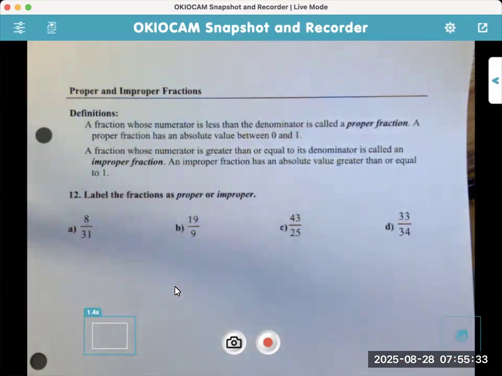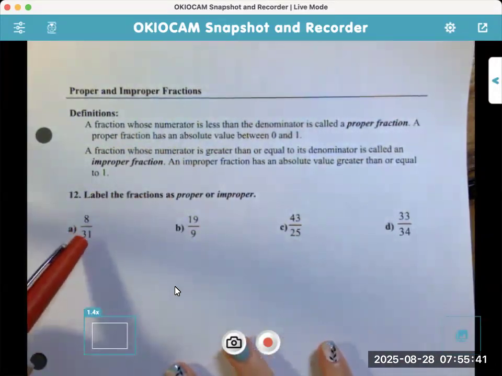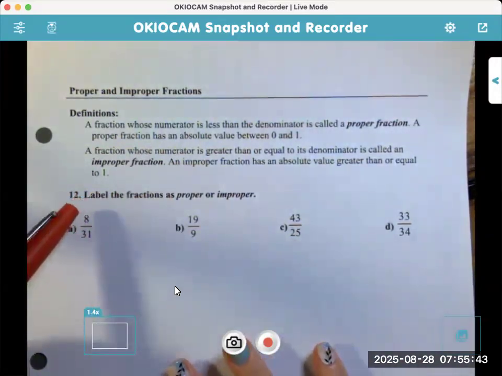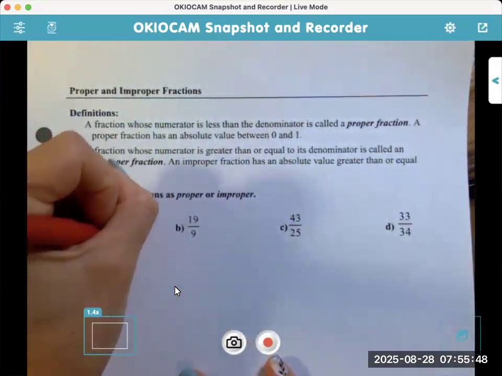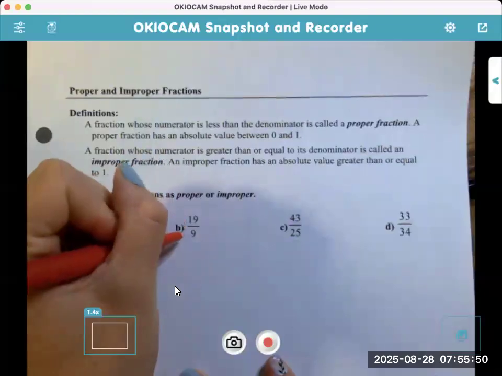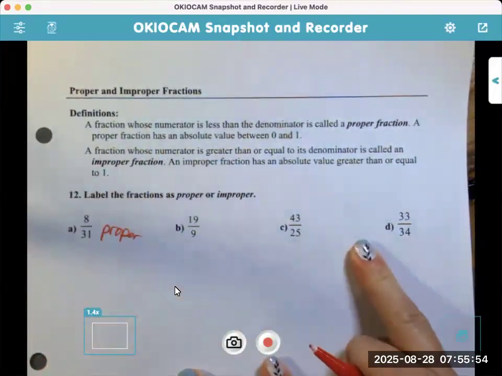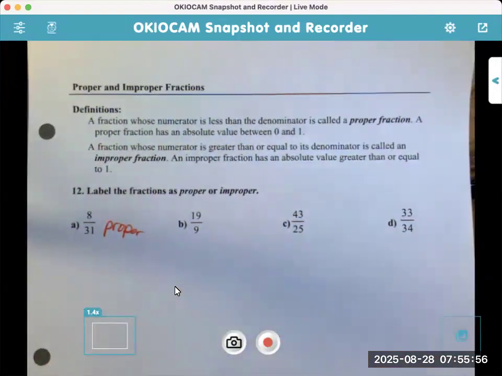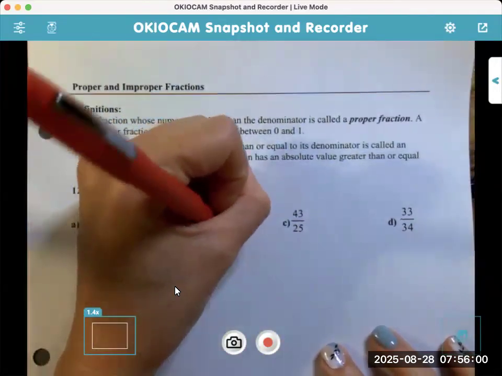So if I label the fractions as proper or improper, remember that for proper, your top is less than bottom. Actually, y'all pause, do them on your own, and then come back, press play when you're done. So here the top is not less, so this is improper.